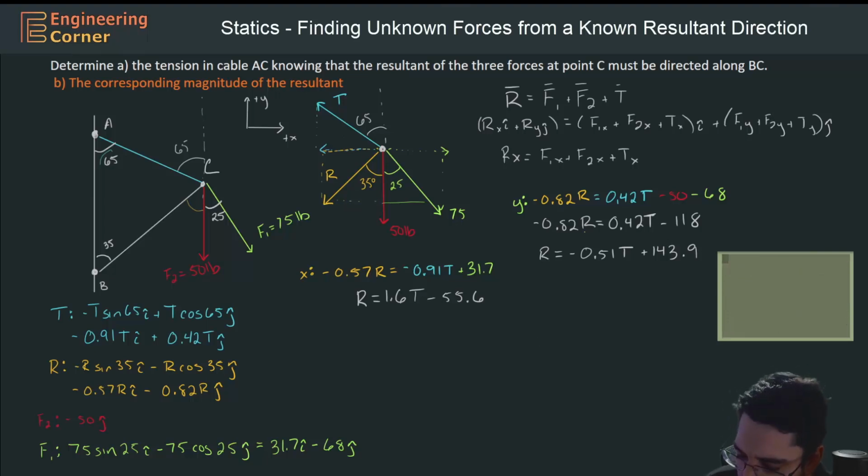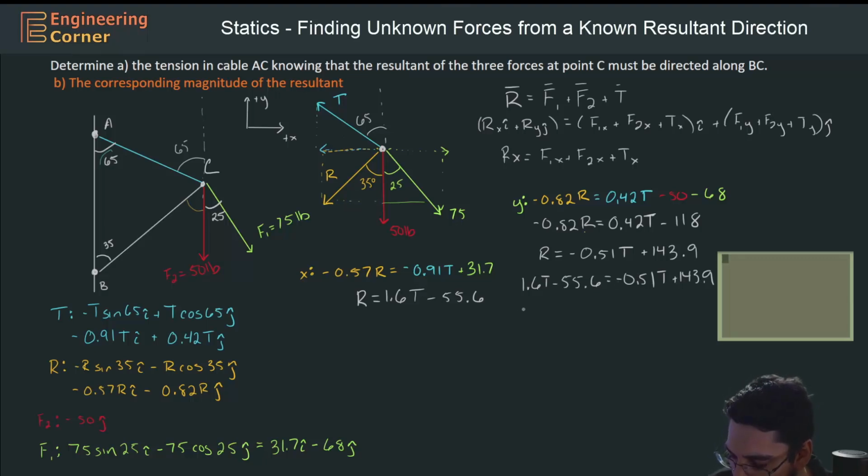Okay, so now we just need to put this expression we have for r into this expression. So we'll get 1.6t minus 55.6 is equal to minus 0.51t plus 143.9. I think I just fit it on the screen. Now we combine like terms and we combine our constants.